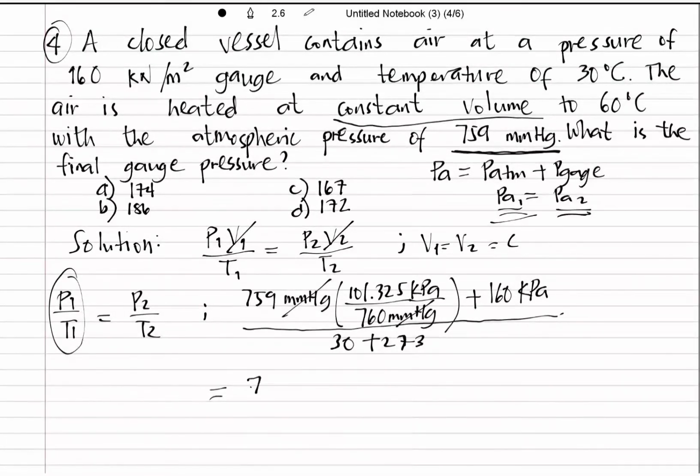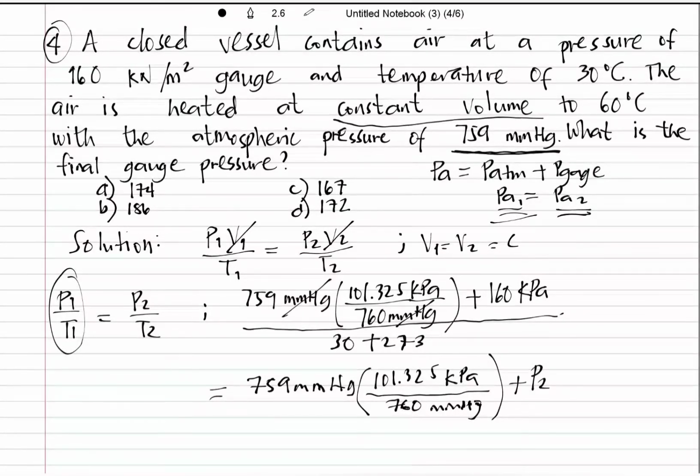So 759 mmHg times 101.325 kilopascals over 760 mmHg, and then plus P sub 2, yung unknown natin yung P sub 2. And then, syempre, i-divide mo siya sa 60 plus 273.